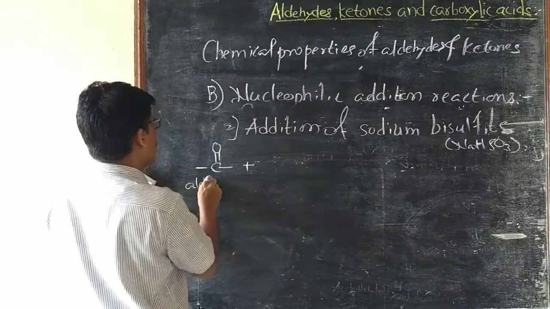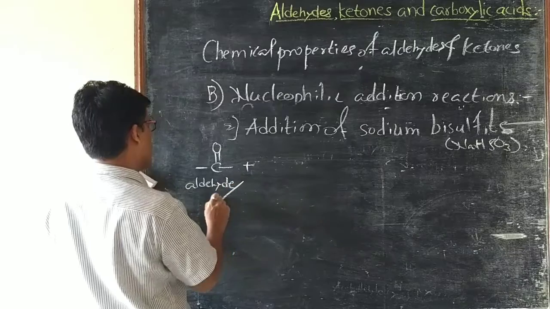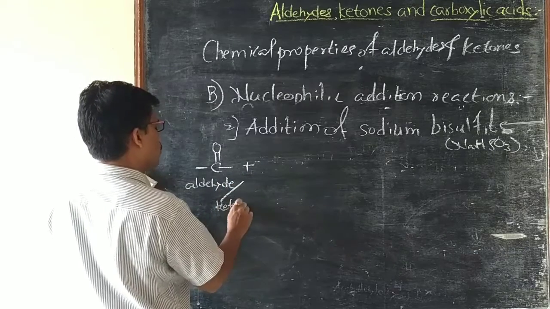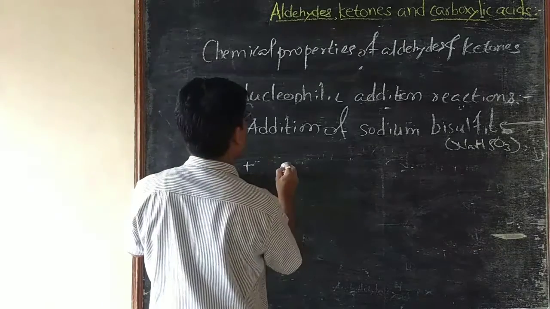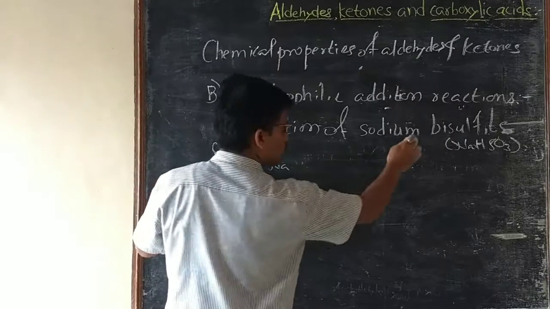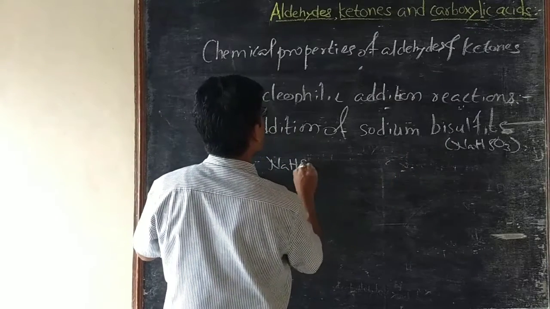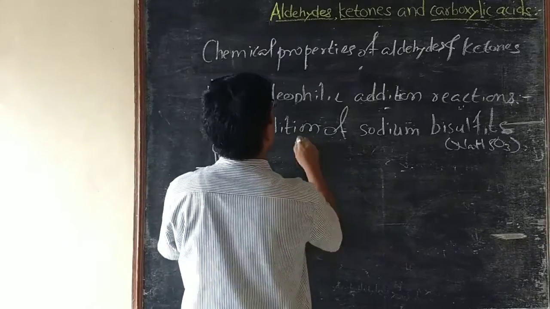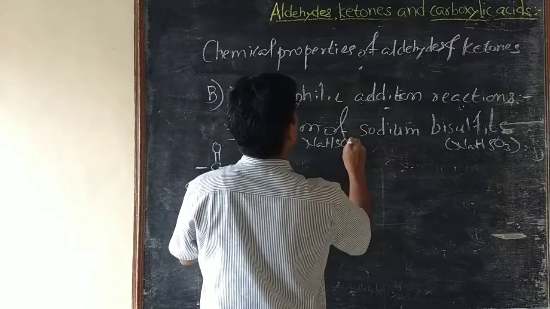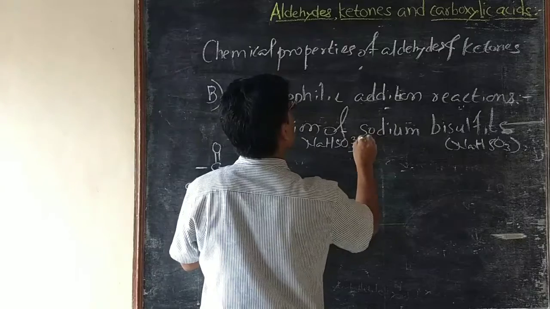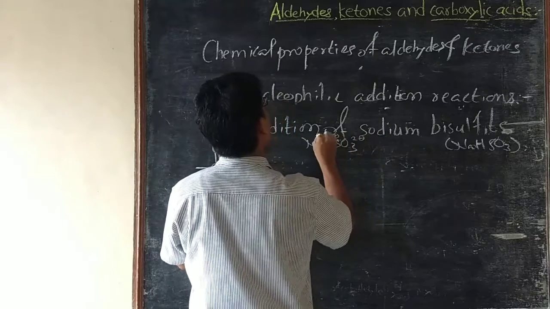Aldehyde or ketone reacts with sodium bisulfite NaHSO3. In NaHSO3 there is SO3 2 minus, H plus, and Na plus.